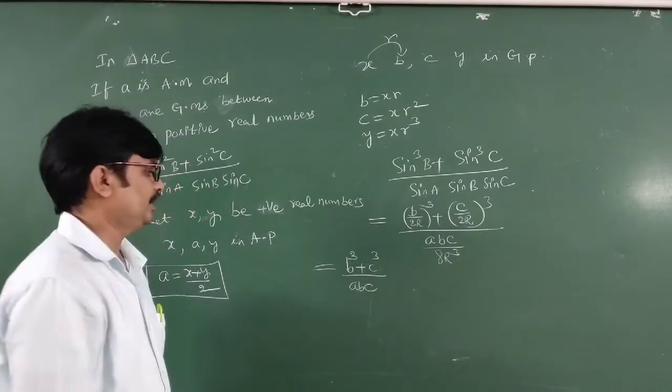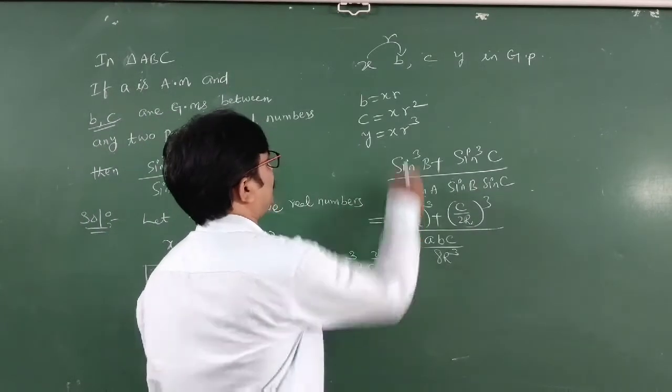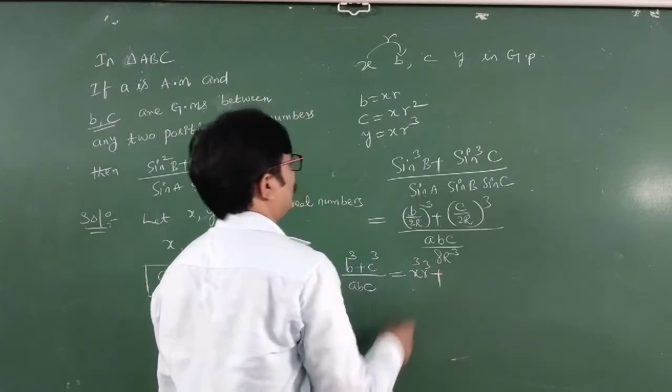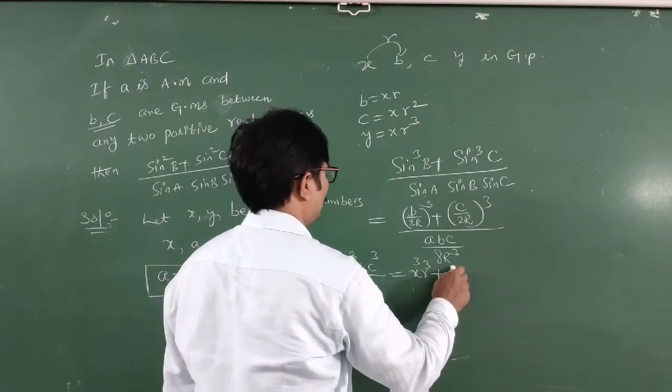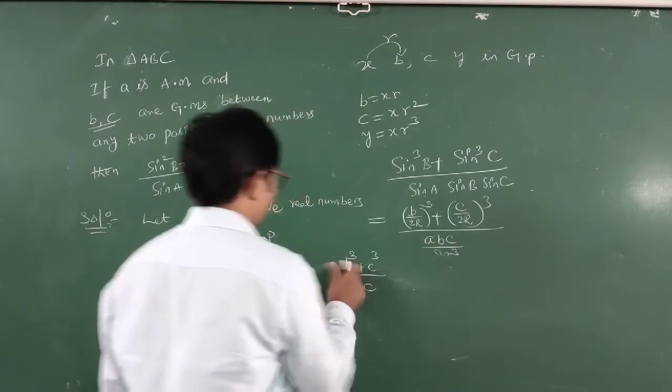So this is abc. My dear students, what is the b cube? How to write the b cube: it is x cube r cube. What is the c cube? Dear students, c cube is x cube. How can you write this?